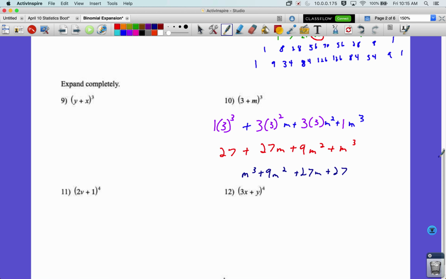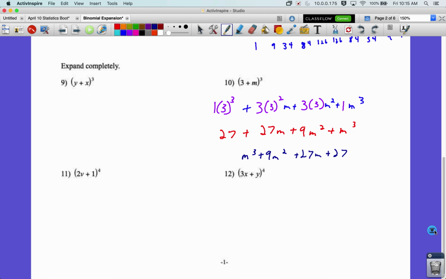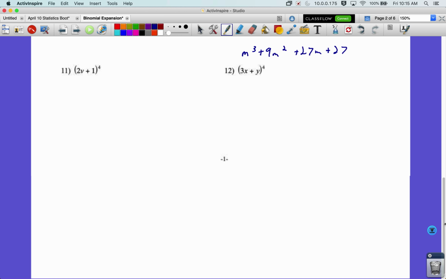All right, let's try 12. 12 looks challenging. 3x plus y to the 4th. So I need the 4th row of Pascal's triangle. Its coefficients go 1, 4, 6, 4, 1. Now I count down with the a's.